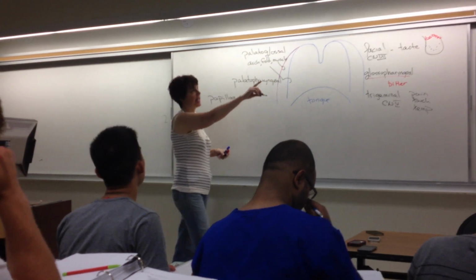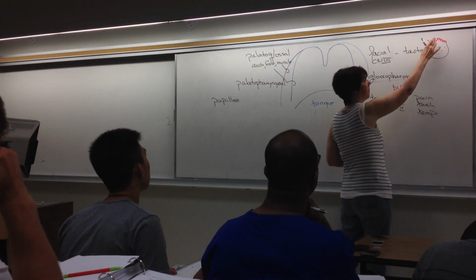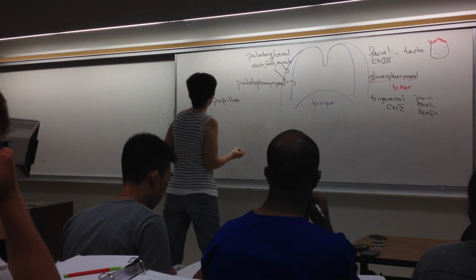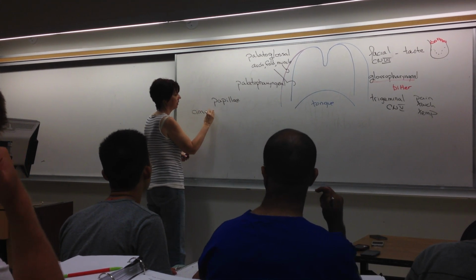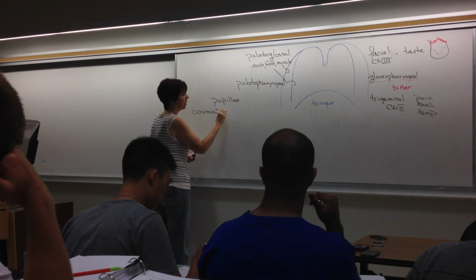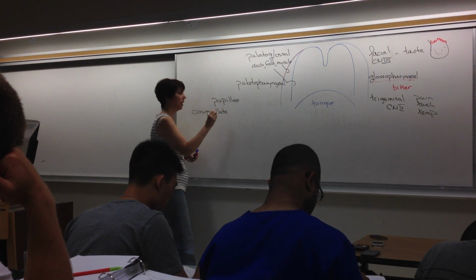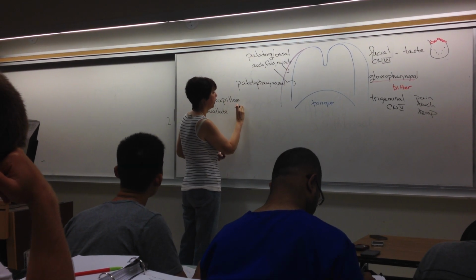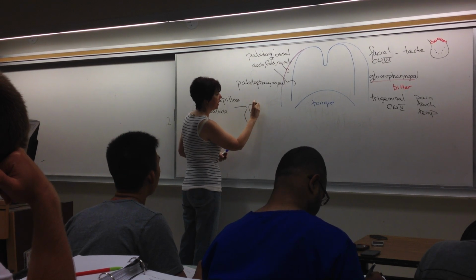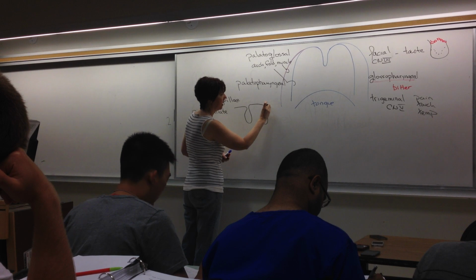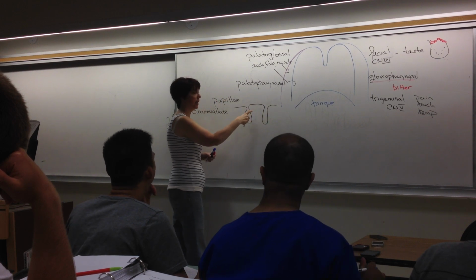All right? These circles that I drew in the back are identified as circumvallate papillae. Here would be the surface of the posterior tongue, and then there is a depression, and this is the papilla here.